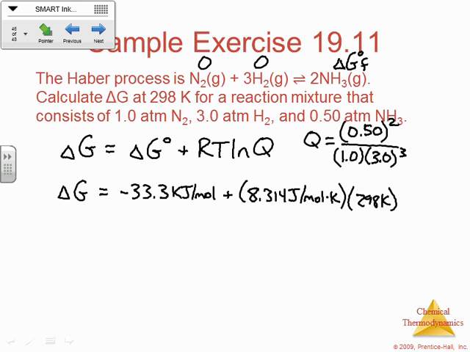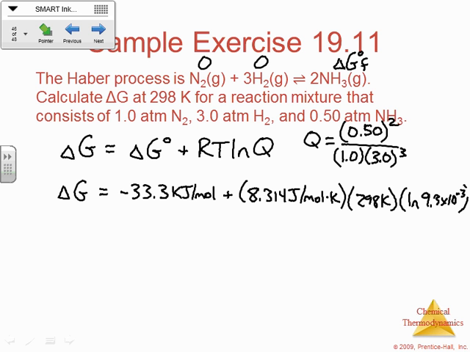So then you work that out for Q, and that's going to give you 9.3 times 10 to the negative third.